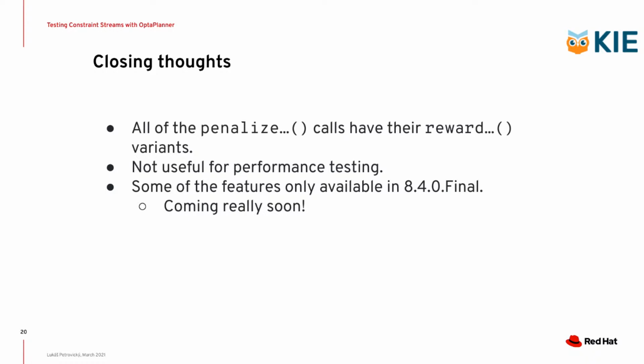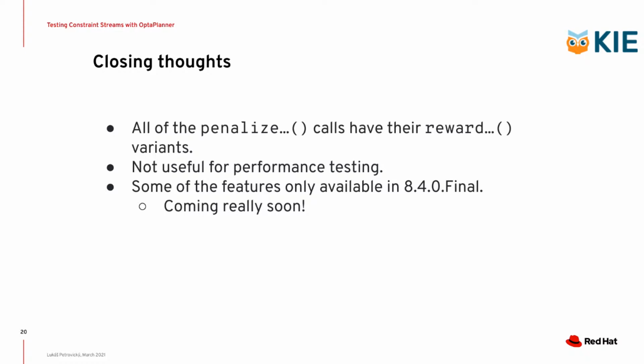One thing that I probably should mention is that the constraint verifier is very good for making sure that the constraints are functionally complete, that they are implemented in the way that you want them implemented, but the constraint verifier API is not very useful for performance testing. In order to do all of the things that it does to explain the score, to check for the impacts and all that kind of stuff, it does bring a lot of overhead.